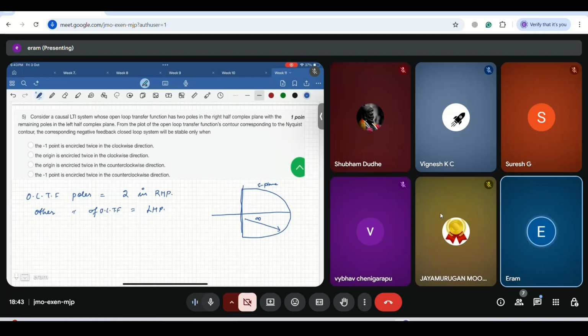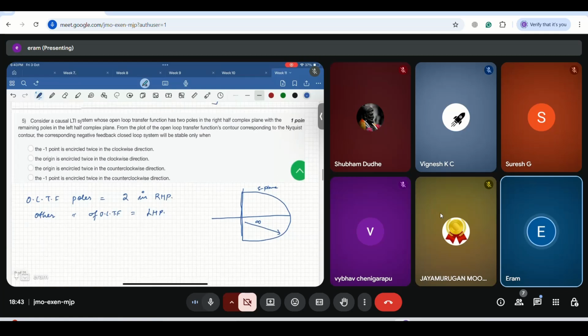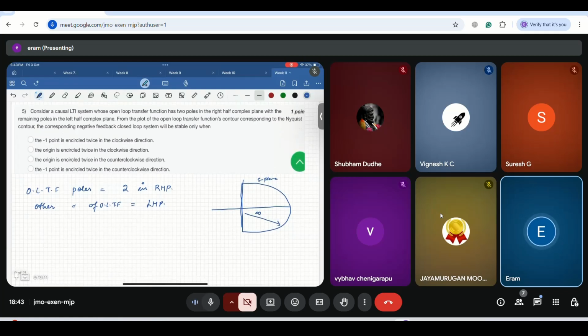So from the plot of the open loop transfer function's contour corresponding to the Nyquist contour, the corresponding negative feedback closed loop system will be stable only when. So this is nothing but the Nyquist stability criteria asked in a very explanatory manner.